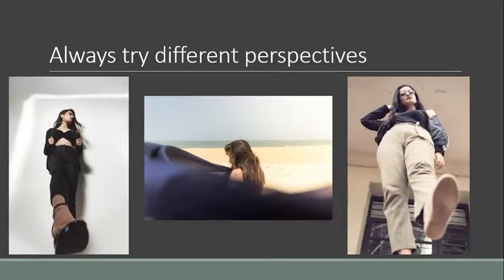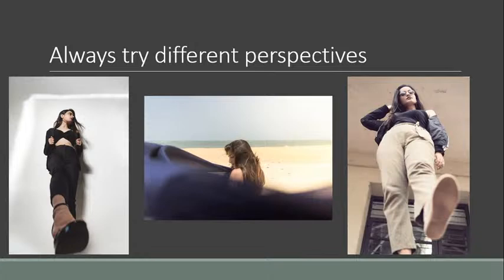And always try different perspectives. Instead of straight shots where the models are at the eye level of your eyepiece or your lens, you can get to more top shots, or use the outfit as a distraction, to get the most out of the pictures. For example, you can go for a low angle shot to give more dimension or to show what kind of action she is doing.